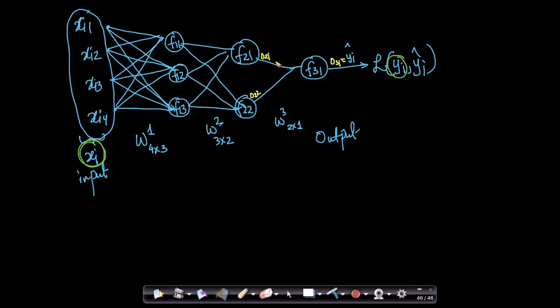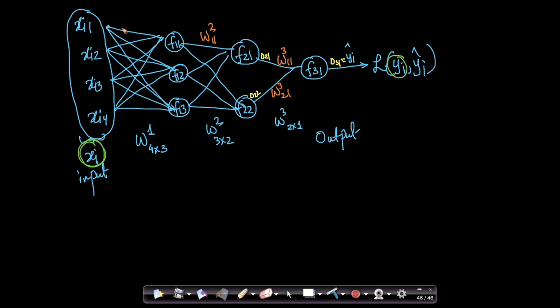But the weight on this neuron is W3, because it's in the third layer. That's why W superscript 3, it's going from the first neuron here to the first neuron in the next layer. So 1, 1. This weight here is W3, 2, 1, because it's going from second neuron to the first neuron. Similarly, this weight here is W2, 1, 1.